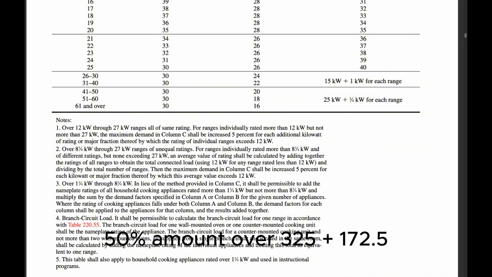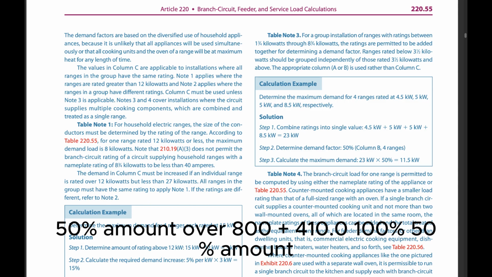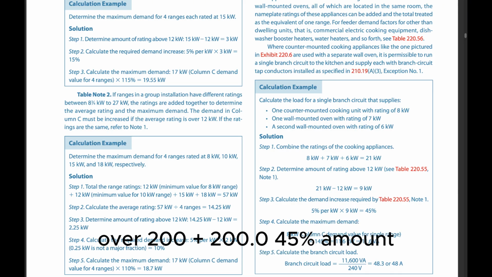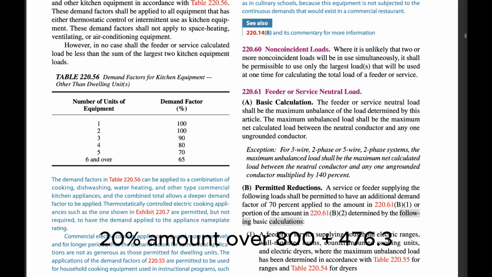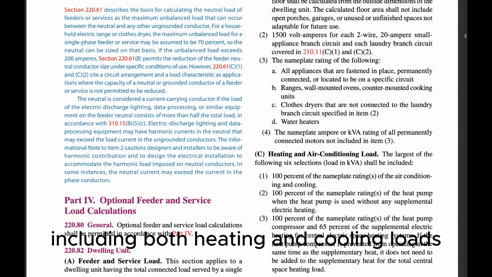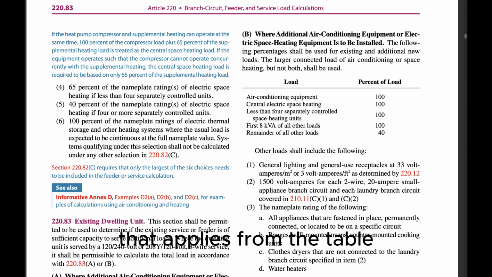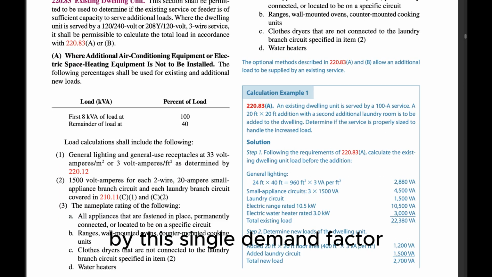Note: add all electrical loads, including both heating and cooling loads, to calculate the total connected load. Select the one demand factor that applies from the table. Then multiply the total connected load by this single demand factor.